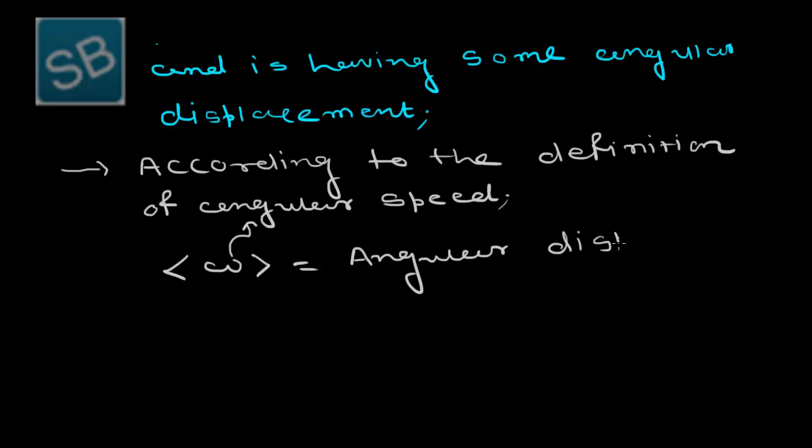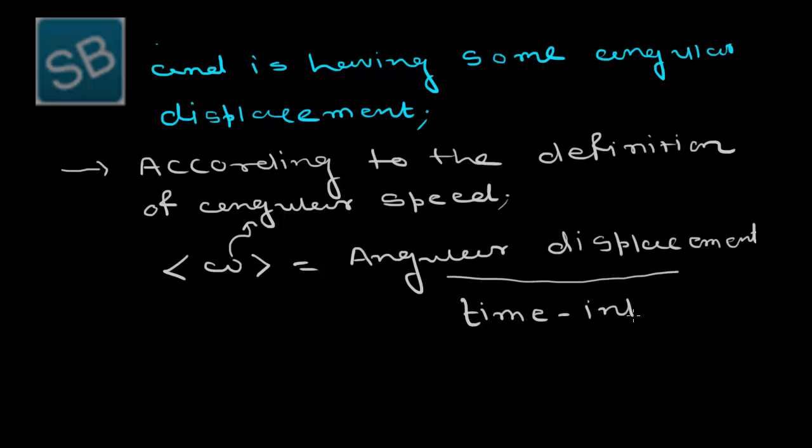Now the angular speed and angular velocity both have the same meaning, because in both cases we take the displacement and divide it by the time interval. So this is the same as the equation in linear motion.